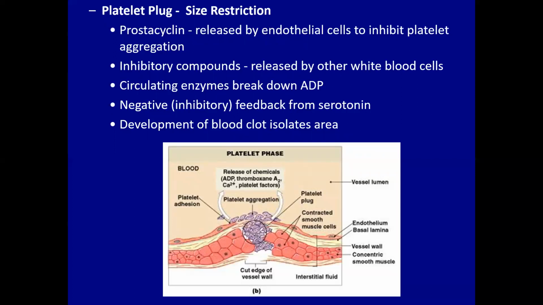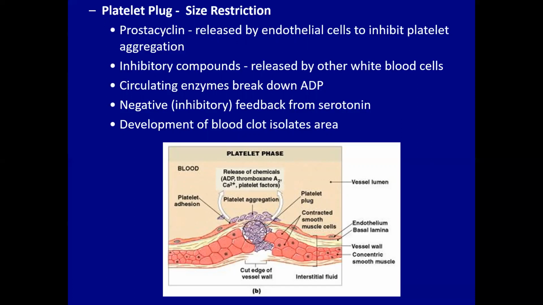Once you have this platelet plug formed, then you have prostacyclin that's going to be released. That's going to inhibit platelet aggregation. Other cells, white blood cells, are going to produce an inhibitory compound, again, to keep the platelet plug size down. There are enzymes that are circulating in the blood.